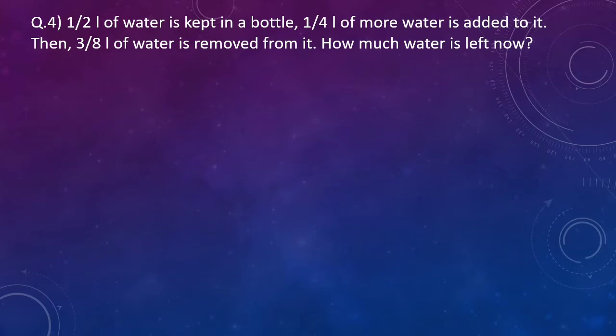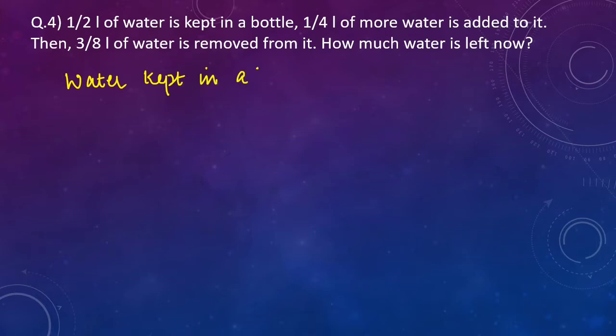Next question is, 1 by 2 liter of water is kept in a bottle. 1 by 4 liter of more water is added to it. Then 3 upon 8 liter of water is removed from it. How much water is left now? So let us first write the information given in the question.